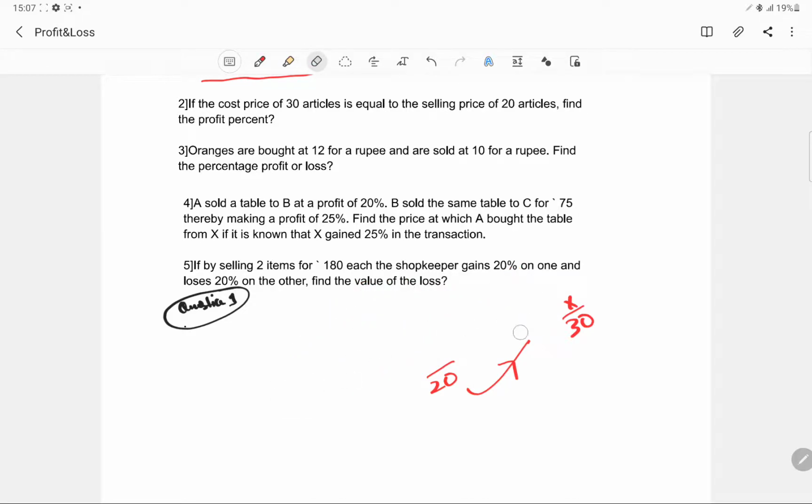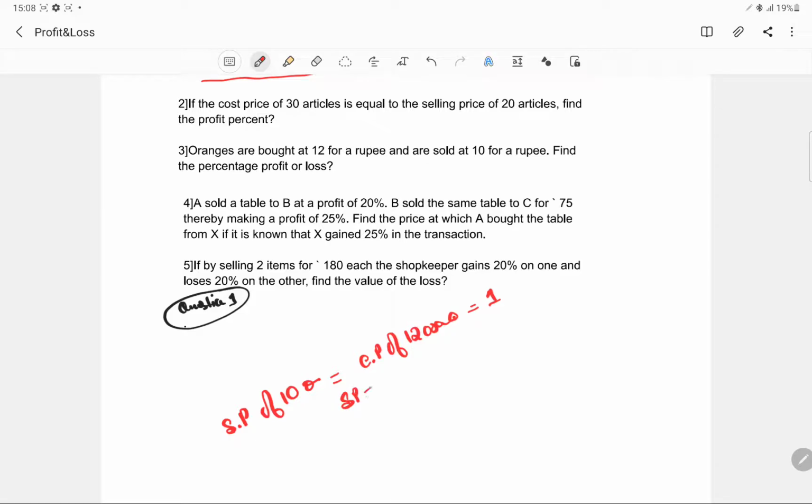Let's see the next question now. Oranges are bought at 12 for a rupee and are sold at 10 for a rupee. So this is very simple. On similar lines, the cost price of 12 oranges is equal to rupees 1, which is equal to the selling price of 10 oranges.